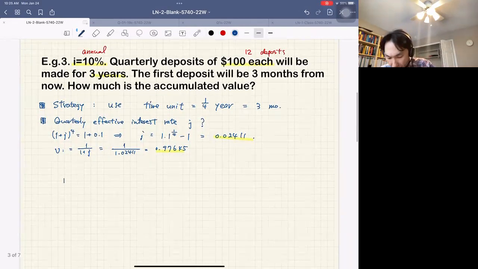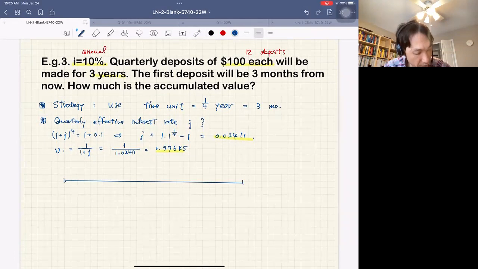If we use the annual diagram, then it's much harder to get the answer, because we have to use t equal to 1/4, 1/2, 3/4, and so on.